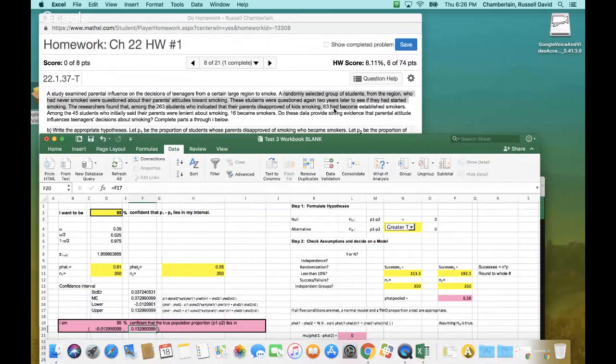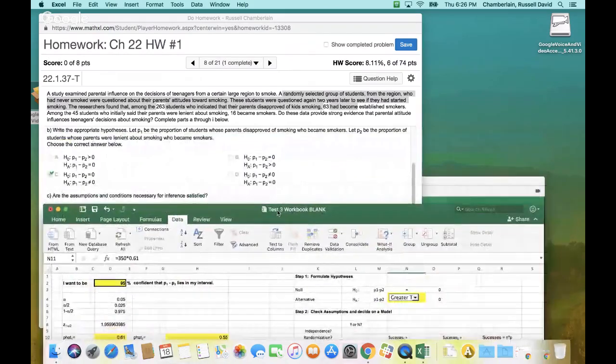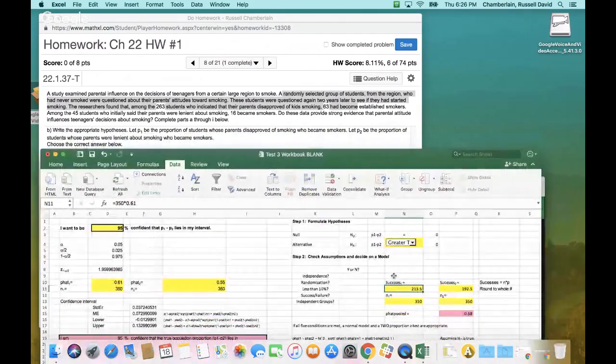So P1 is disapproved of smoking, and that's the 63 of 263.